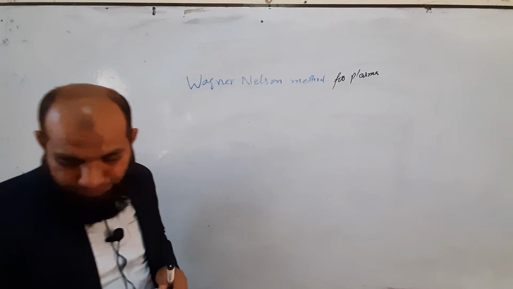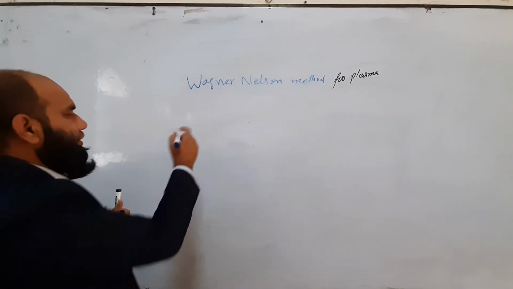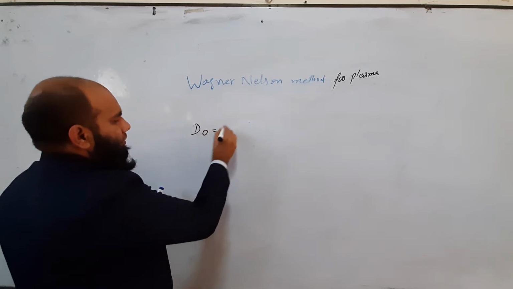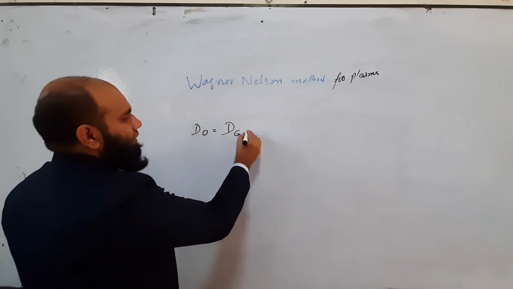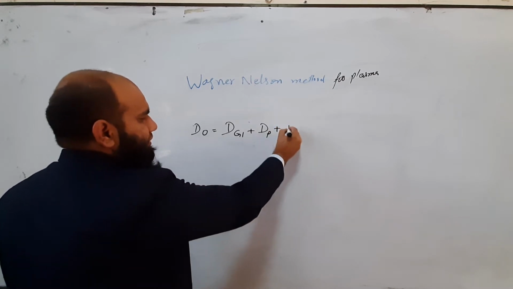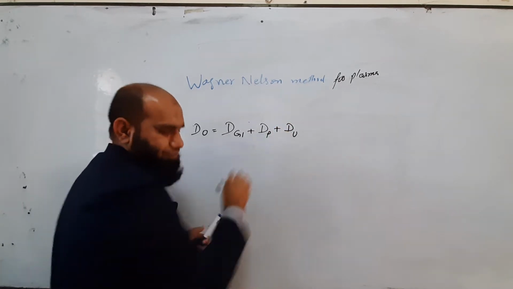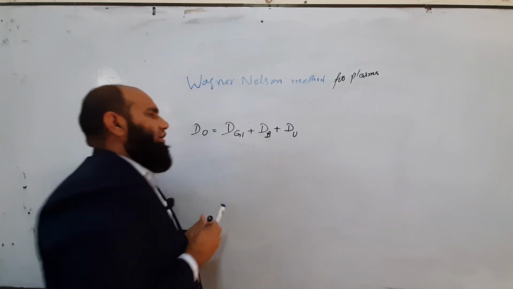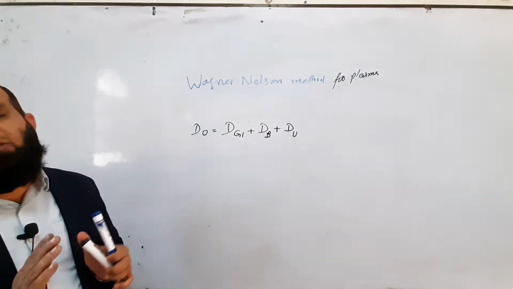We start with the total dose D naught, which will be equal to drug in GI tract plus drug in plasma plus drug in urine. Drug in plasma or drug in blood, and urine. These are the three areas.